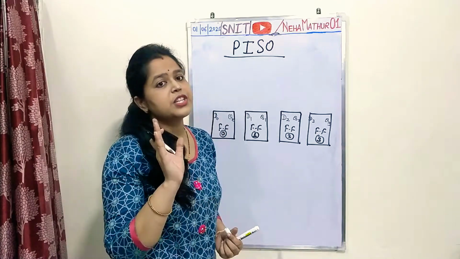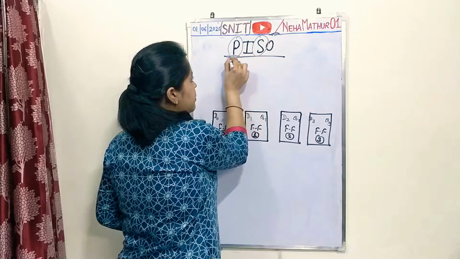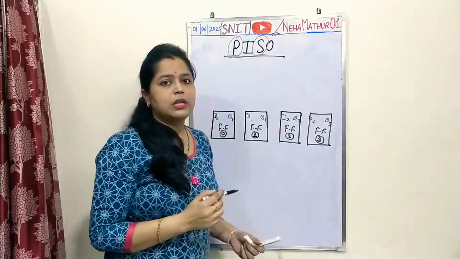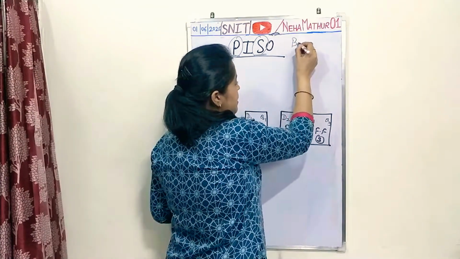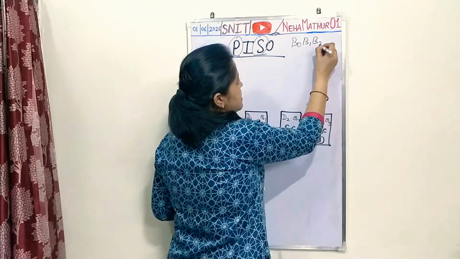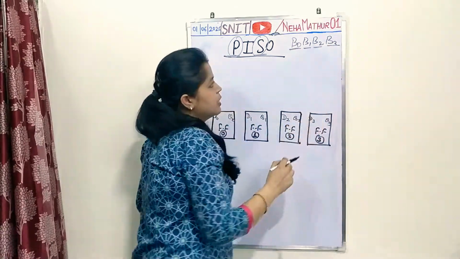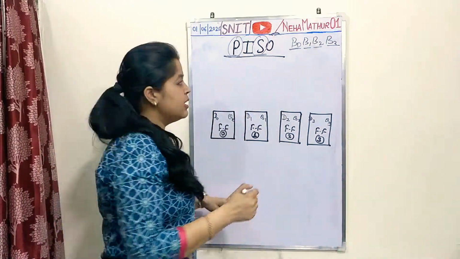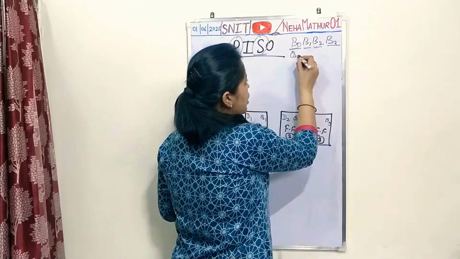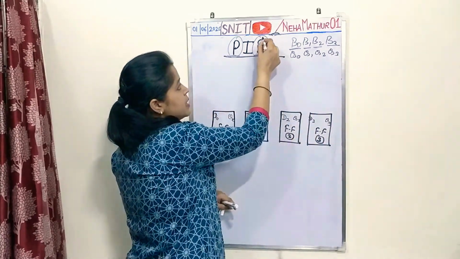The interconnection depends on these two terms, parallel input and serial output. Suppose the data you want to enter is represented by B0, B1, B2 and B3, 4 bits of binary data, and your output is Q0, Q1, Q2 and Q3, which will be in serial form.